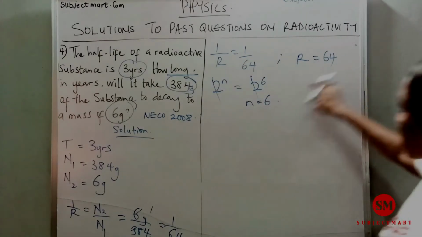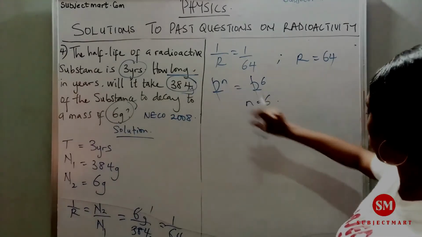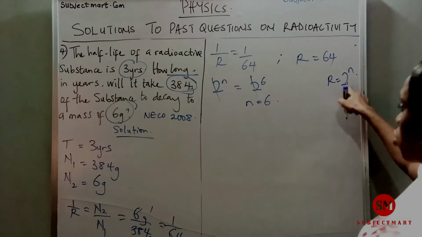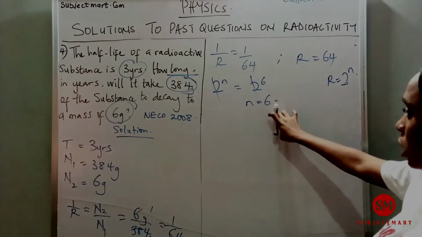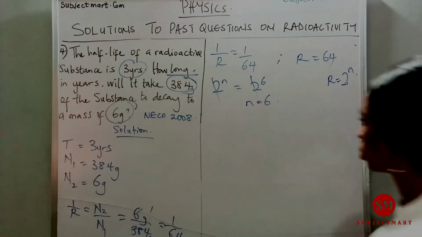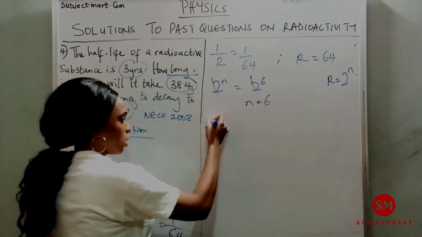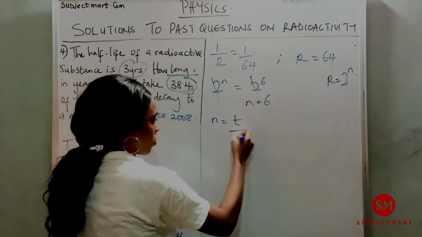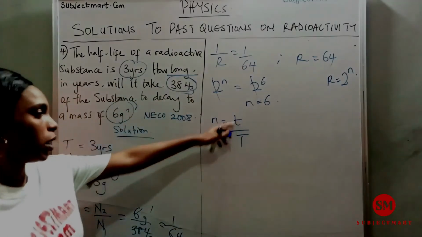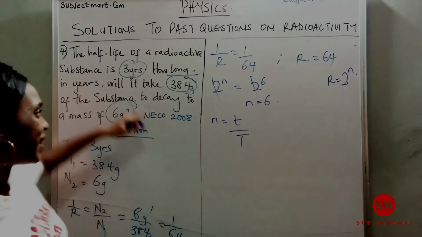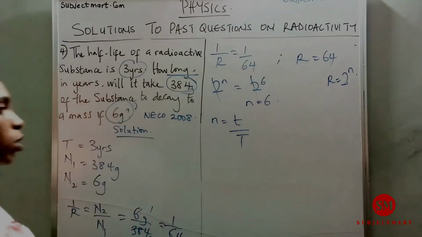What I did here was to recall the formula that says R is equal to 2 raised to power n. So now that we have n is equal to 6, we can just put that into this formula. n is equal to t over T. There's a formula connecting these two T's, I mean the half-life and the time that we are actually looking for.